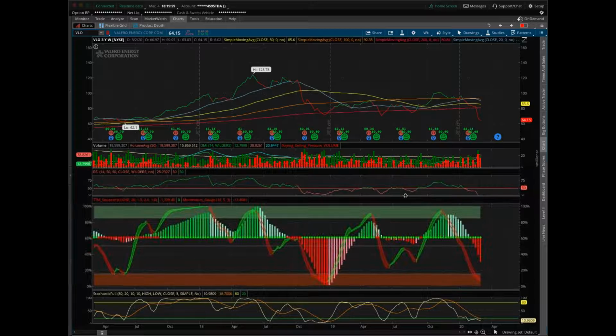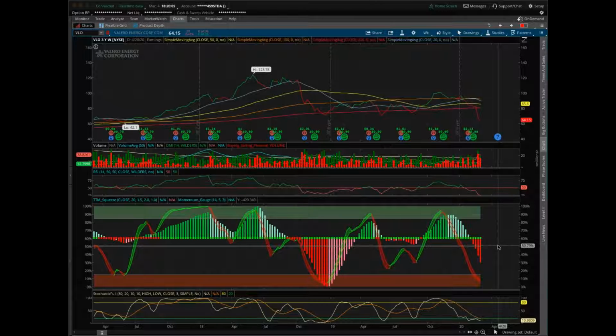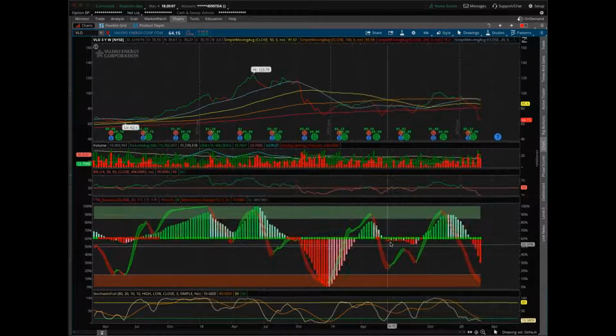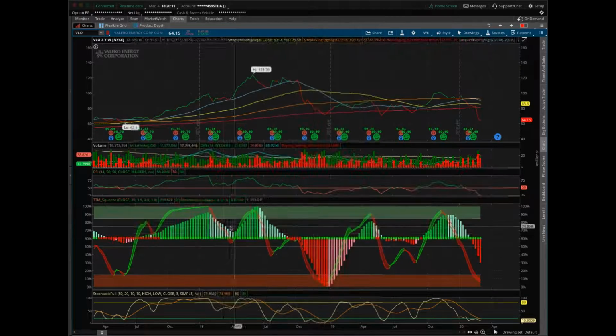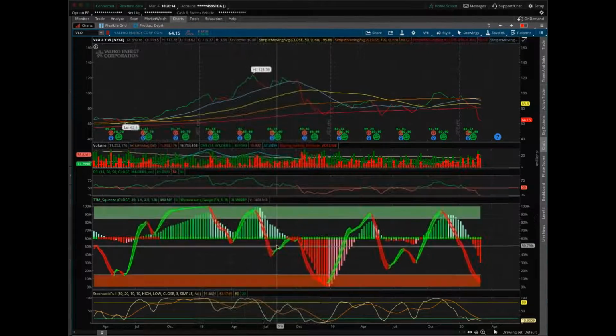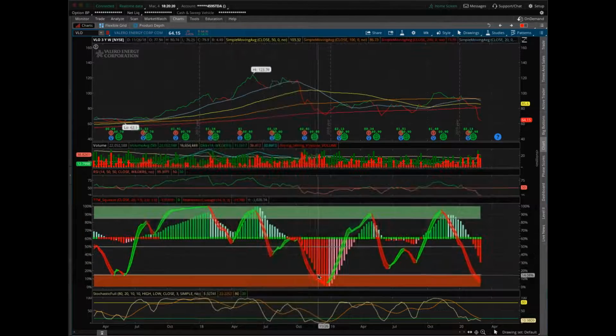Okay, so now the momentum gauge and the TTM squeeze. The momentum gauge is pretty straightforward. Up in this green area, we have very solid momentum. When these lines are green, we have solid momentum to the upside. When we're down and these lines are red, we have solid momentum to the downside.